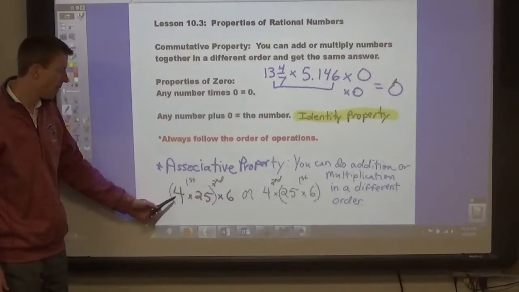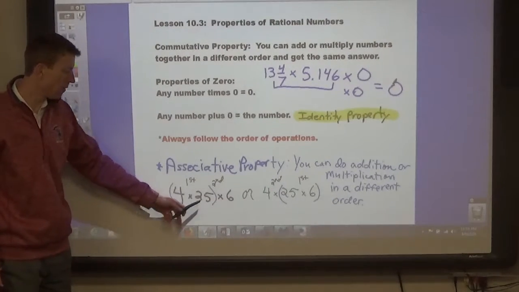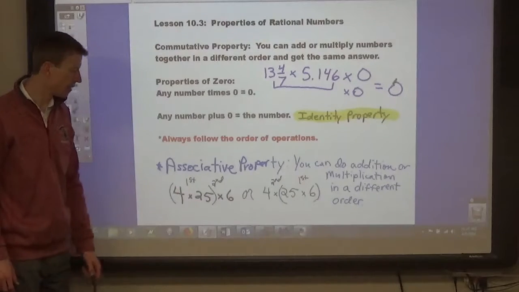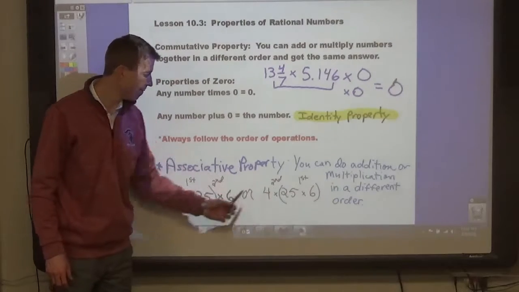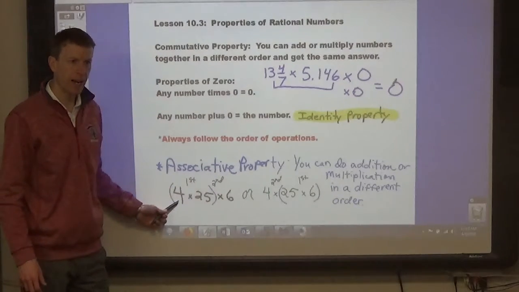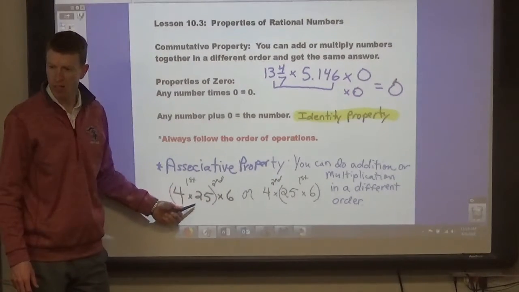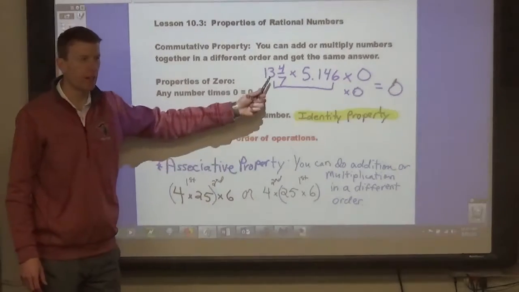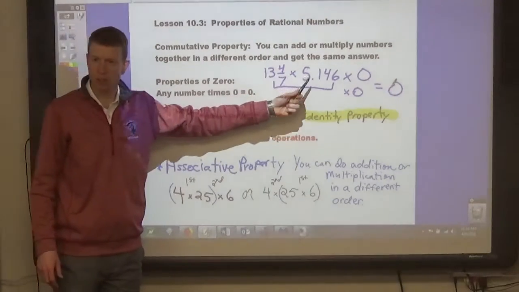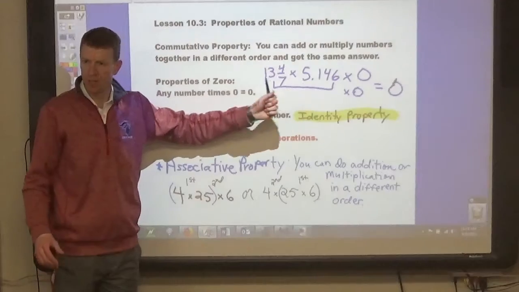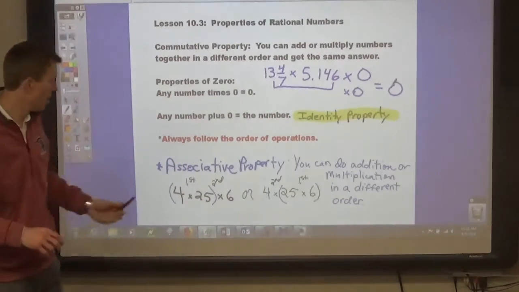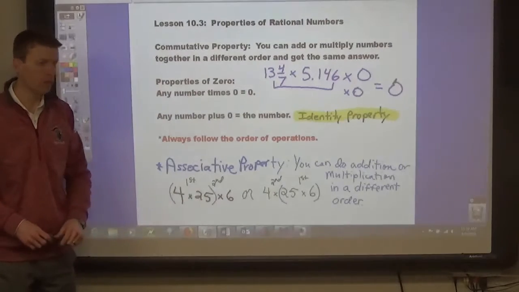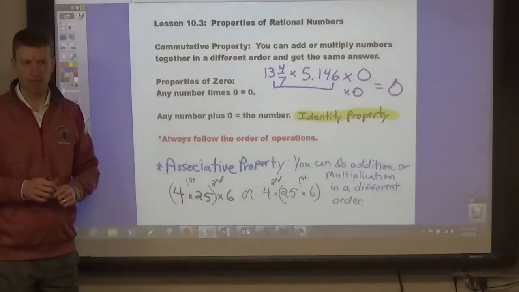So if we had, for example, 4 times 25 times 6, by putting together 4 times 25 first, it makes 100. Or in the first example, when we did 4.5 times 2, if that was in a problem, you could rearrange the parentheses in order to do a multiplication problem first.